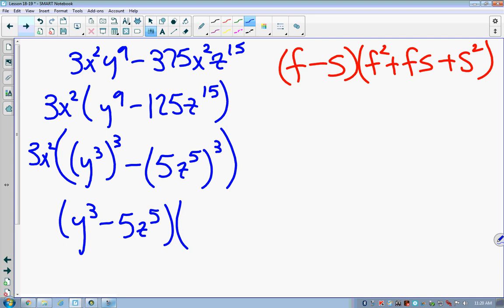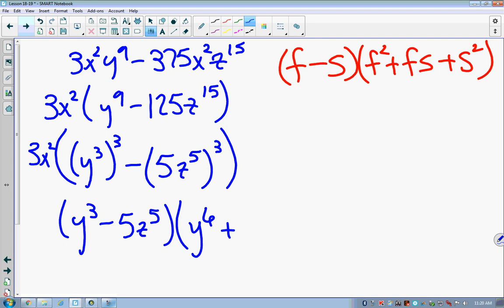So the first thing I want to do is follow my template, which is f squared. All right, so we're going to take y cubed and square it. What's y cubed squared? Y to the 6th. Okay? Plus first term times the second term. Now, what I want you to understand is that this isn't y times negative 5.